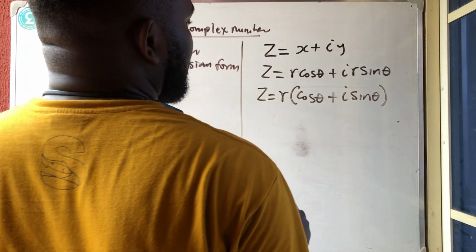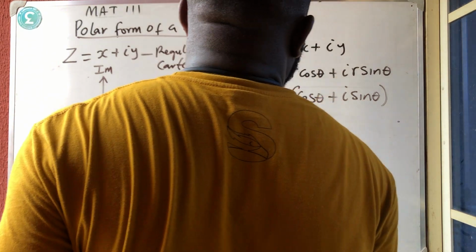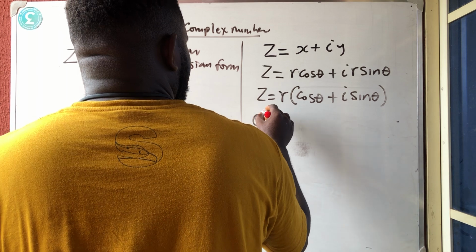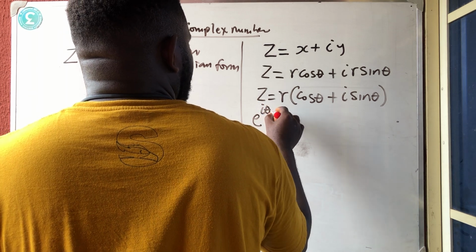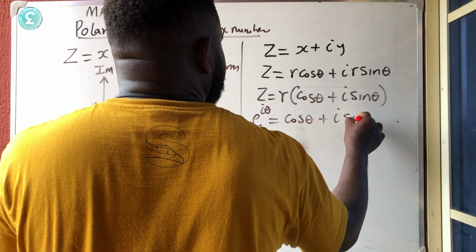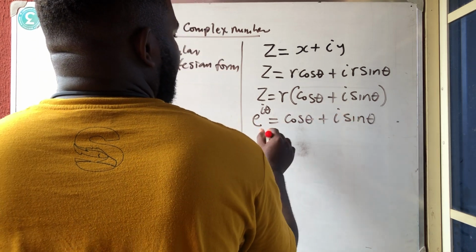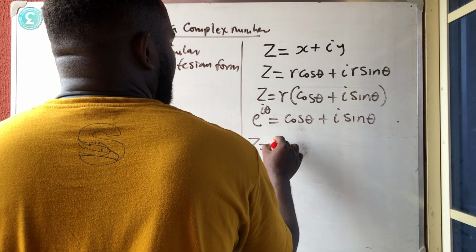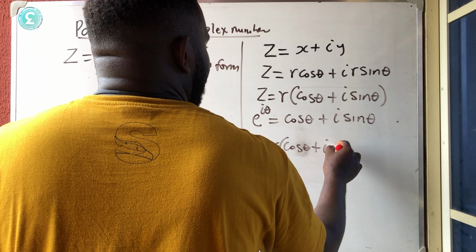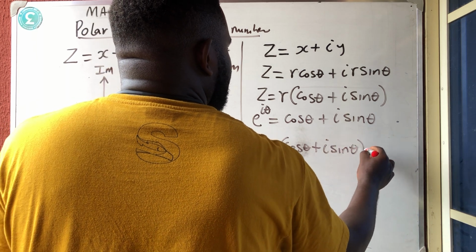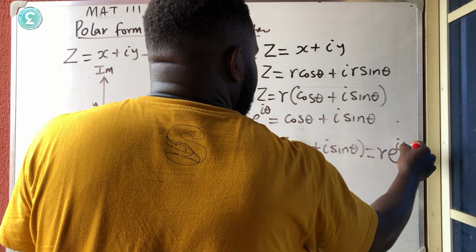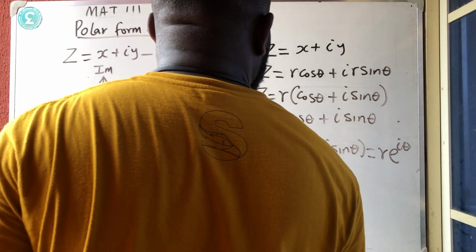Don't forget that e raised to power i theta is the same thing as cos theta plus i sine theta. So please, you need to know this formula, which means z is equal to r e raised to power i theta.